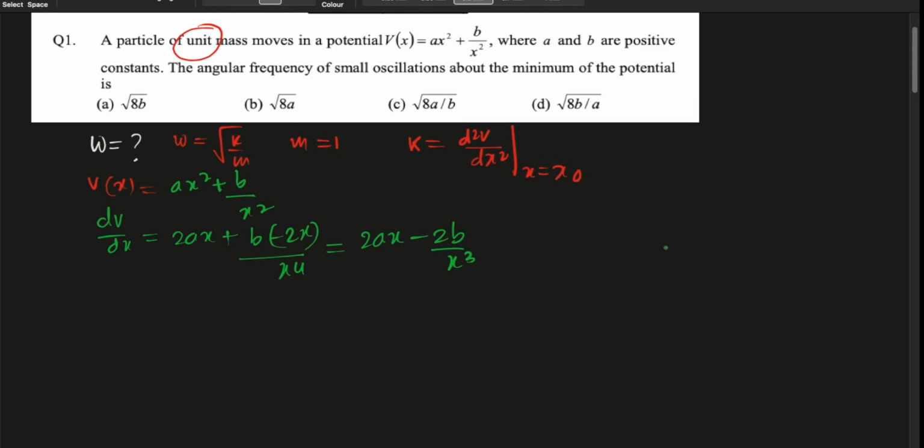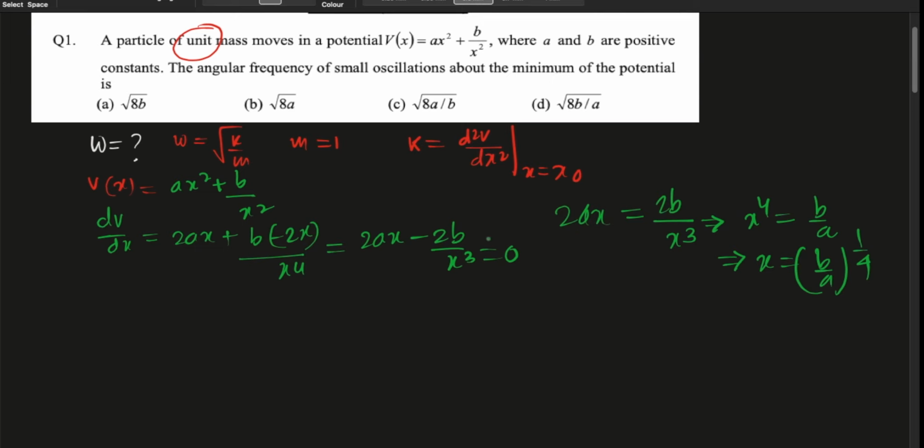We just equate this first order derivative, the rate of change of potential with x, to 0. So 2ax equals 2b by x³, and we end up getting x to the power 4 equal to b by a, so x equals (b/a) to the power 1/4. Now we got our stable fixed point.